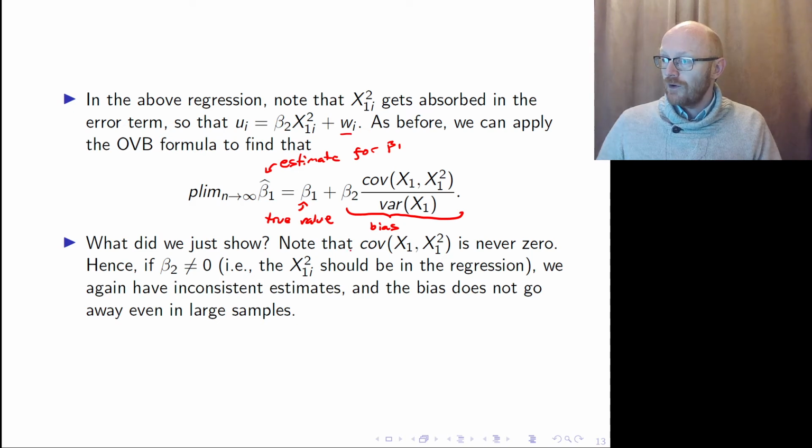And furthermore, even though you have a lot of data, this bias does not go away. You just minimize the dispersion around the wrong number.